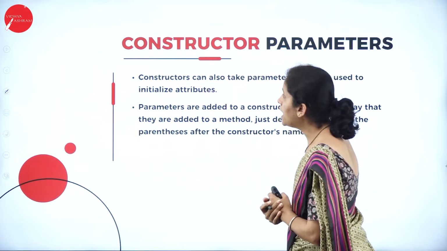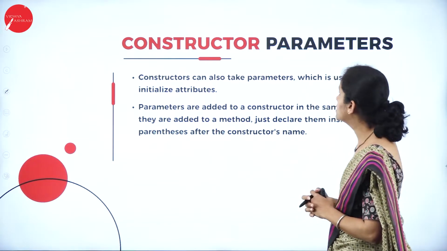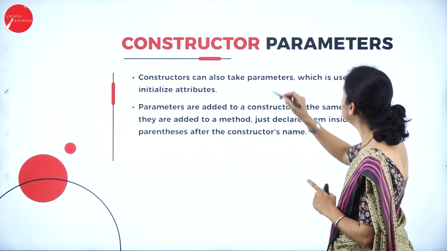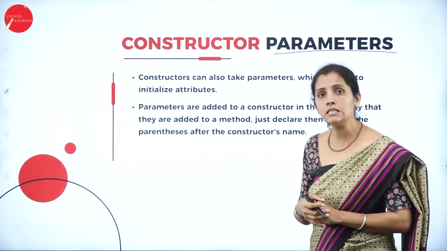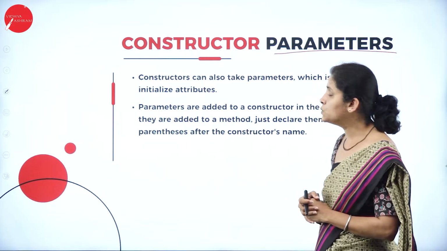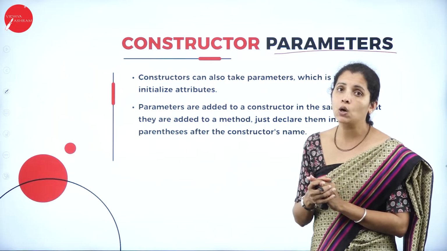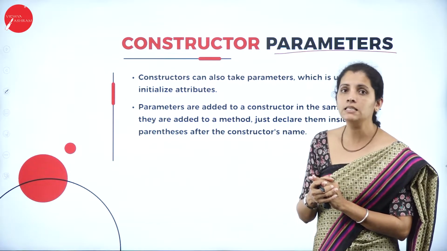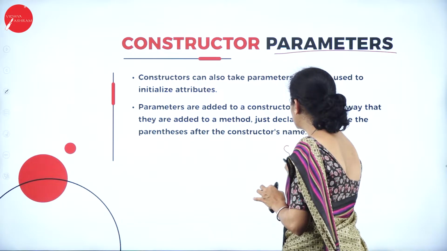Now, dear student, I'm going to have another type of constructor, that is constructor with parameters. That is nothing but the parameterized constructor. So dear student, a constructor with parameters is known as a parameterized constructor. For example, I'll take the same example.